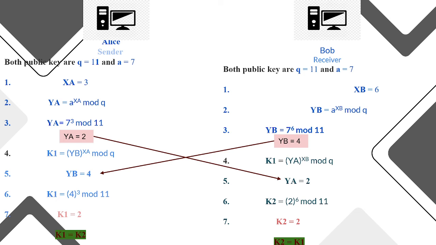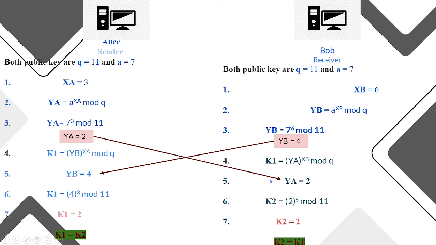Now Alice computes the secret key K1 as follows. The equation is YB power XA mod Q. YB is the value sent from Bob, and the YB value is 4. So we find K1 equals 4 power 3 mod 11, which equals 2. Now we go to Bob, the receiver.